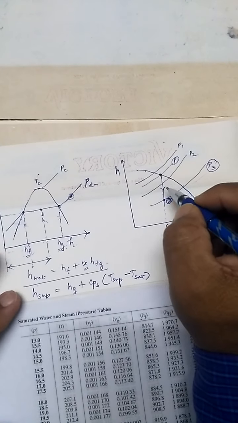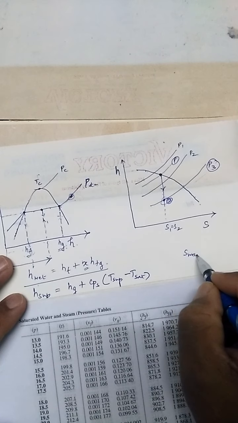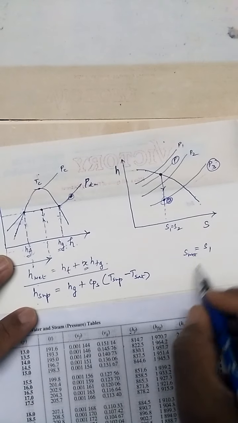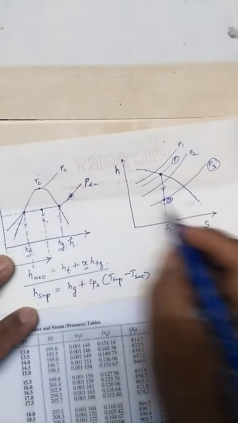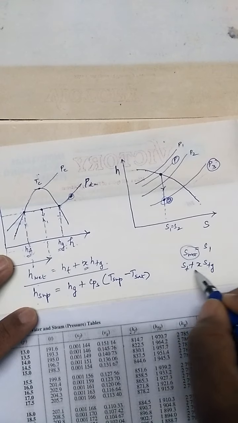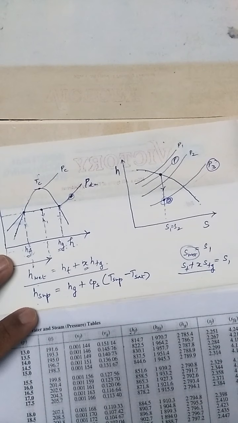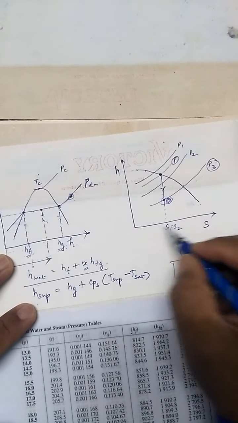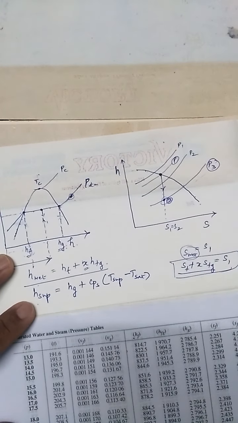Similarly here, this is in the wet condition, so s wet will be equal to s1. This s wet can be taken as sf plus x into sfg. So this is the wet condition, and that will be equal to the initial entropy. Using this we can calculate the entropy of any point in the wet region.